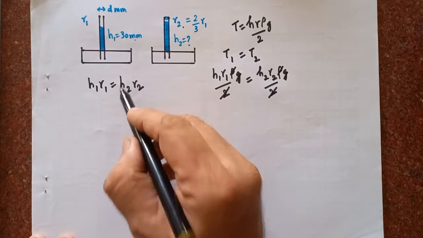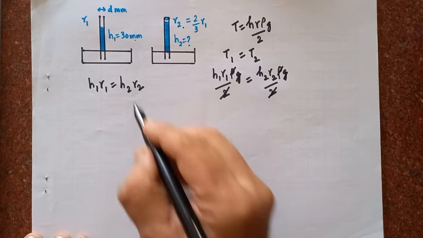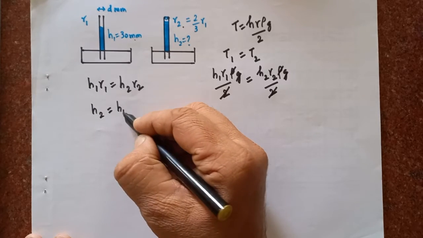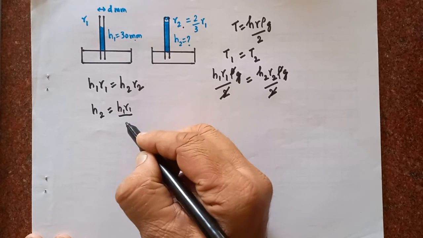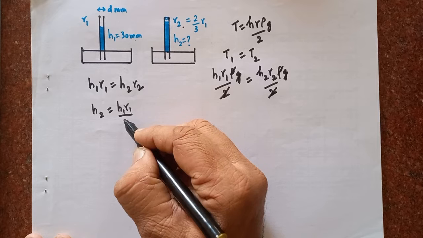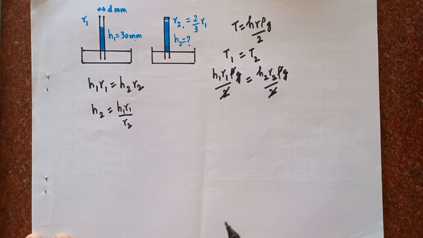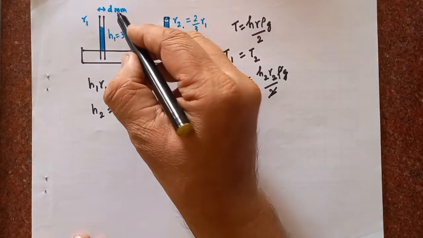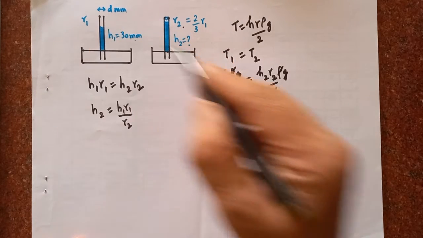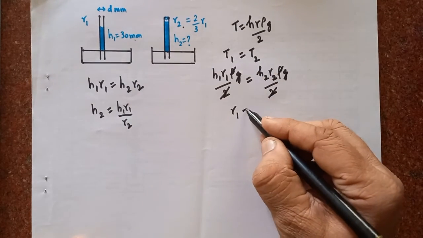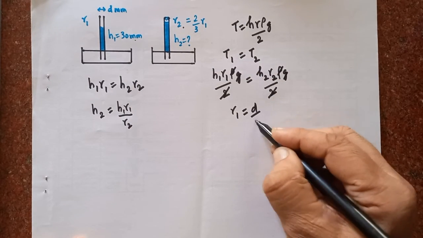Our aim is to get the value of H2. To get H2, what is the formula? H2 is equal to H1 R1 divided by R2, which can be cross multiplied and should be written in the denominator. Already we have learned that the diameter is given, therefore the R1 value, the radius of the first capillary tube, is equal to diameter by 2.